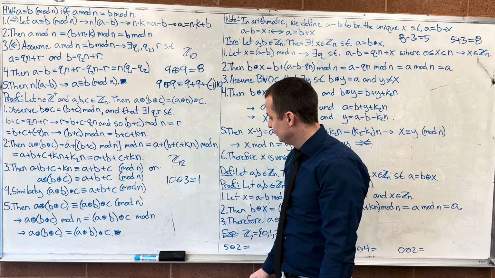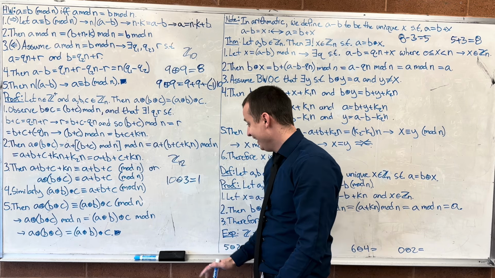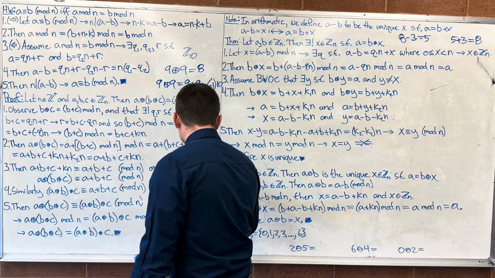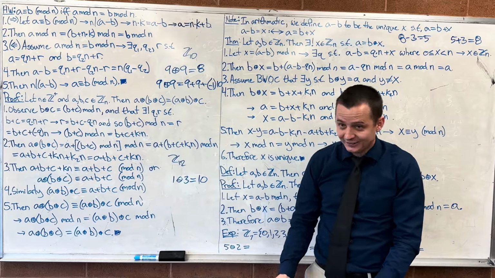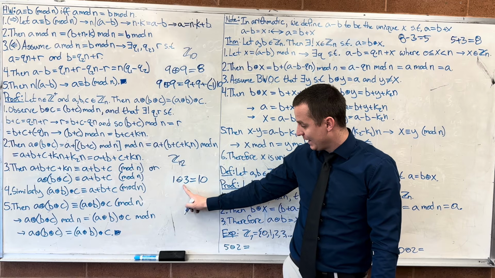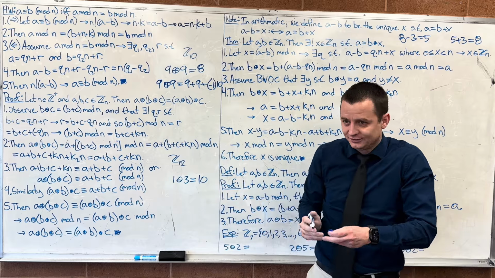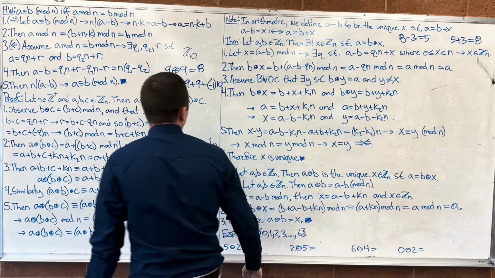Right? 1 o'clock, 3 hours ago, it was 10 o'clock. It goes backwards around the circle. That's what we want to define subtraction to act like.